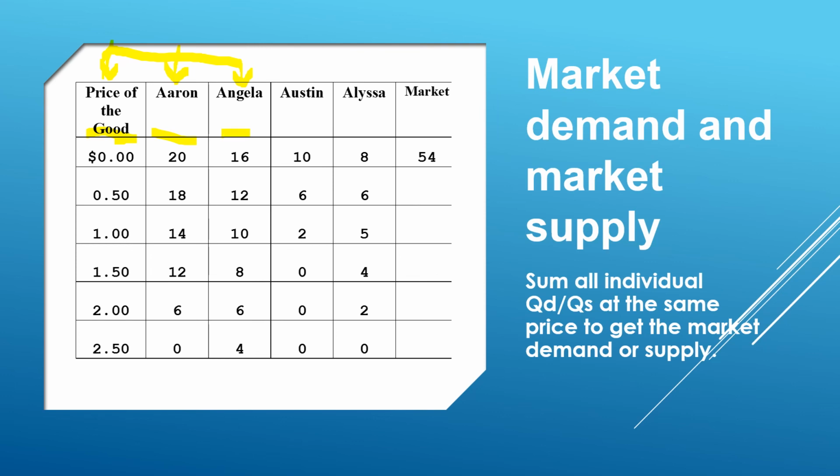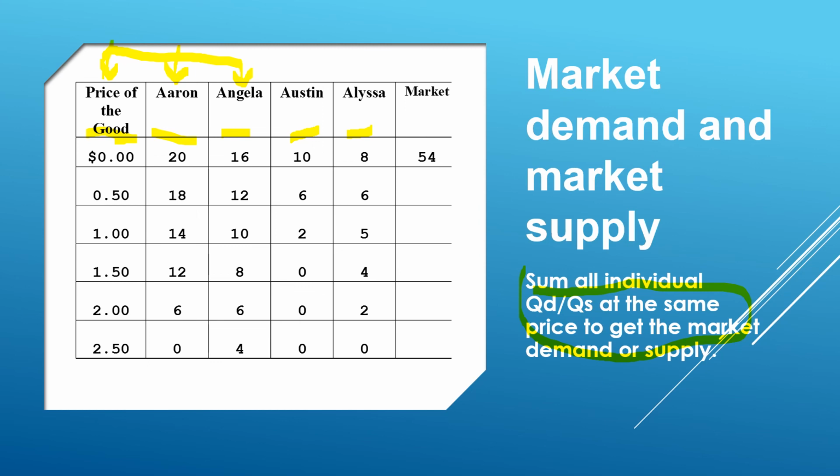So assume that in this market we have only 4 people here. So what is the market demand? All you need to do is to sum all individual quantity demanded or quantity supplied at the same price, and that way you can get the market demand or the market supply.